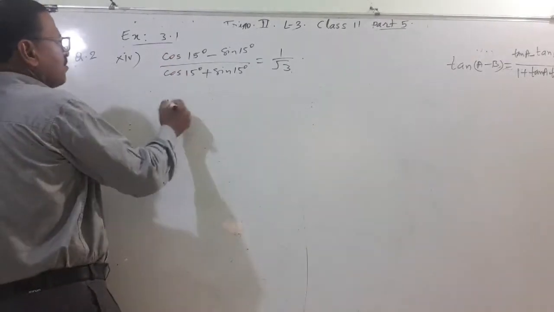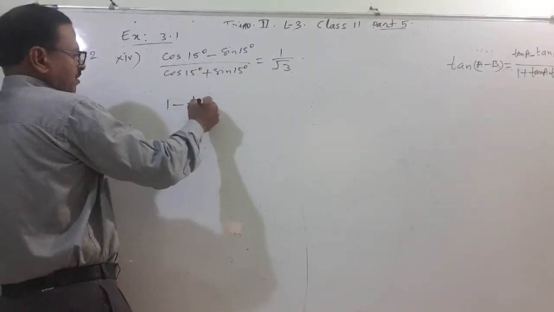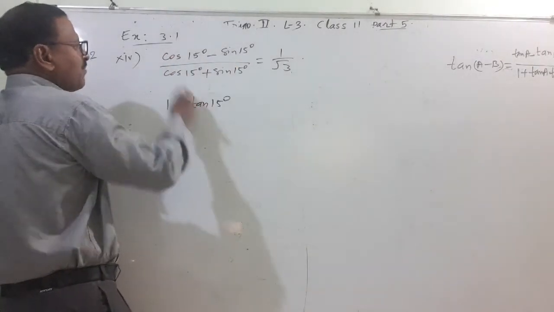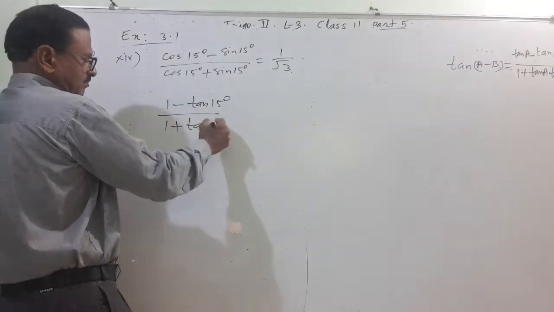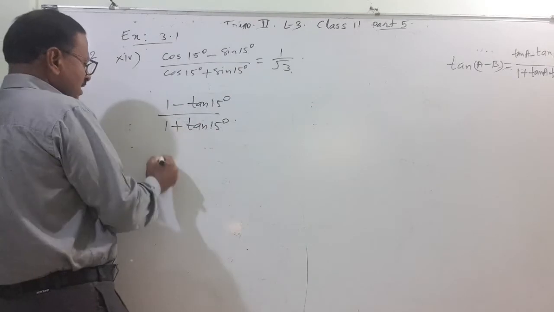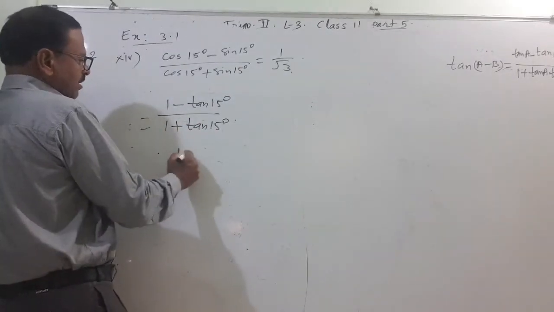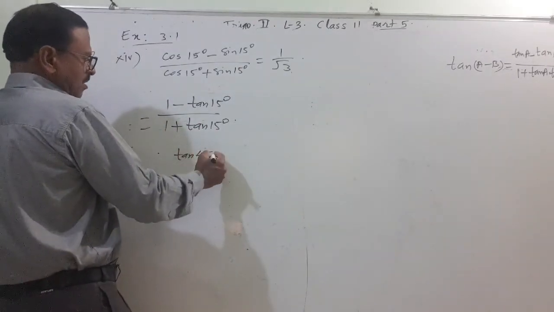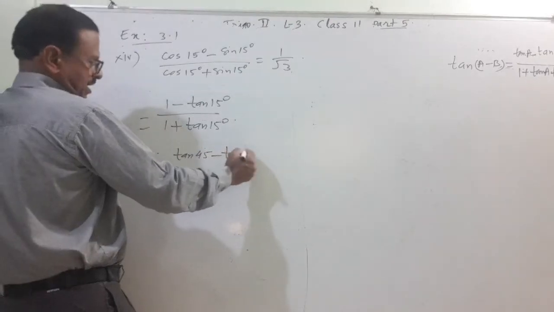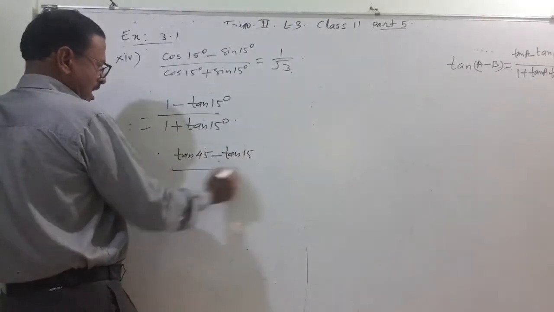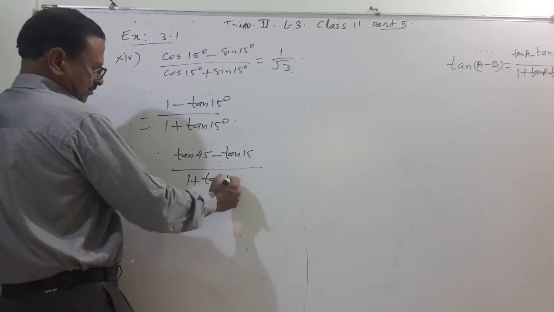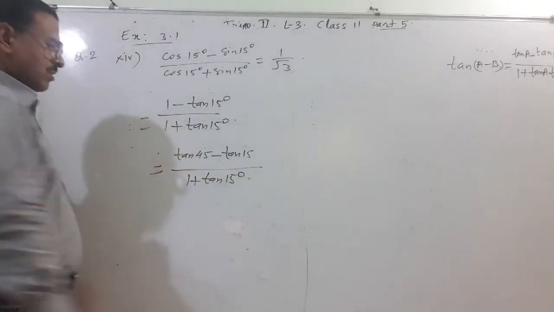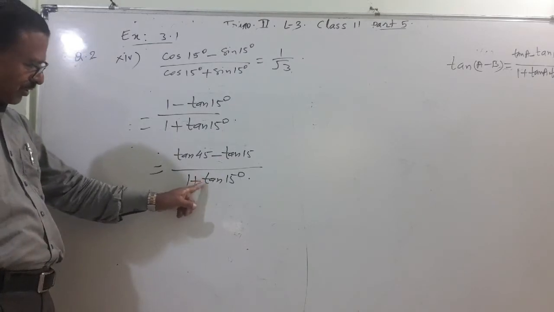This will be 1 minus tan of 15 degree, if I divide by cos, upon 1 plus tan of 15 degree. This is nothing but tan of 45 degree minus tan of 15 degree upon 1 plus tan of 15 degree. Here it is 1 into tan of 45.